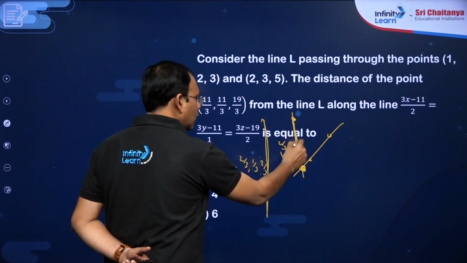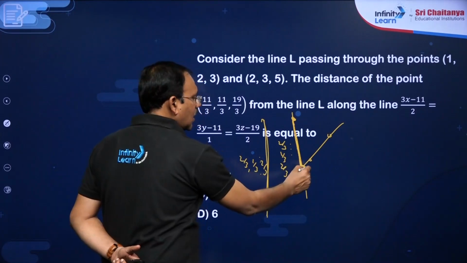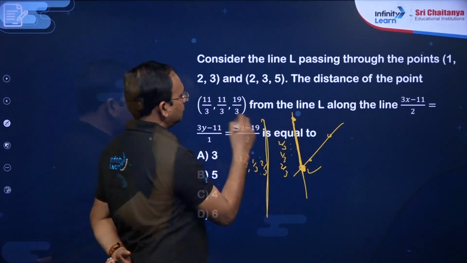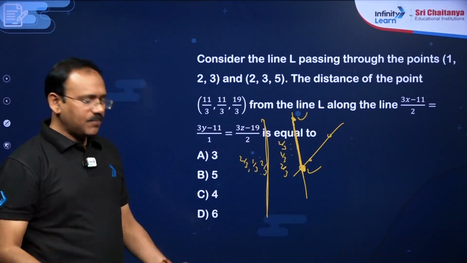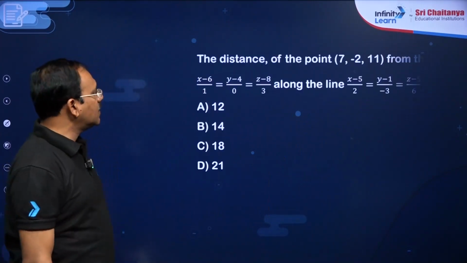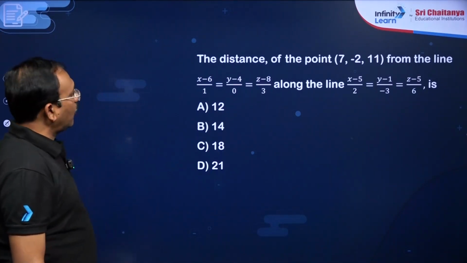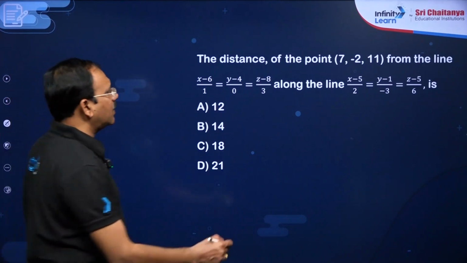This point is there. You take the general point of this, you take the general point of this, solve this, you will get the point of intersection. Now, he is asking this distance, find the distance between these two. A bit time taking, if you put time, you can easily answer the question, dear students. Next, the distance of the point, this from the line, along the line, same kind of question, my dear friends.